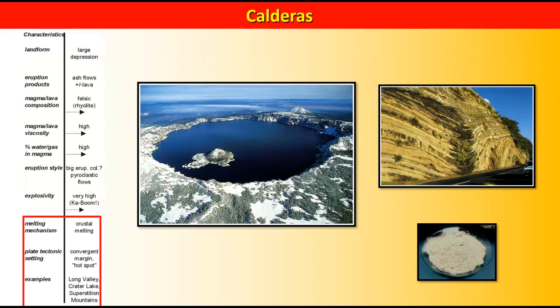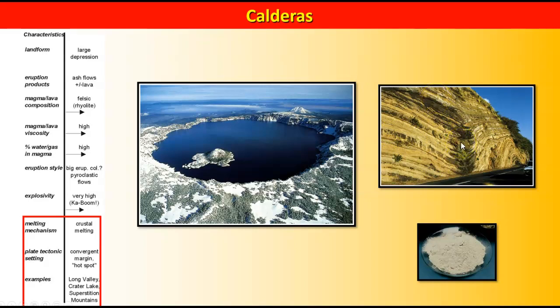And how do you know that it was felsic? Look, it's light in color. So this is potentially ash deposited. Look how thick that is and how many layers there are. That's a lot of material coming out of a volcano and falling back down into layers. Of course, it's been squished and altered because it's been through some stuff. But this is a lot of material coming out of a volcano that has an impact on our planet.